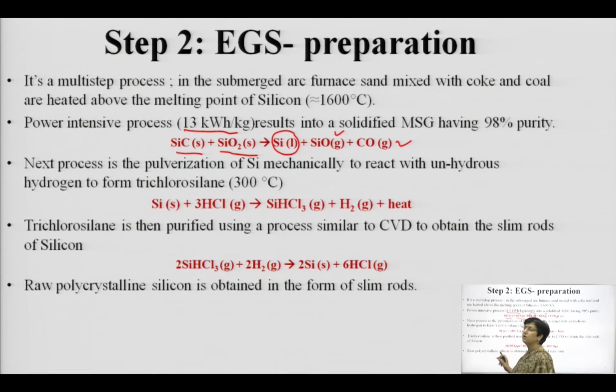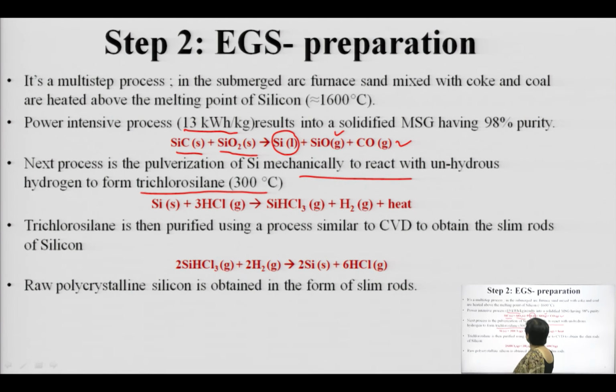Now, this metal grade silicon has a lot of impurities in it, and therefore we carry out pulverization of this silicon to react with anhydrous hydrogen chloride. Now, what happens in this reaction?